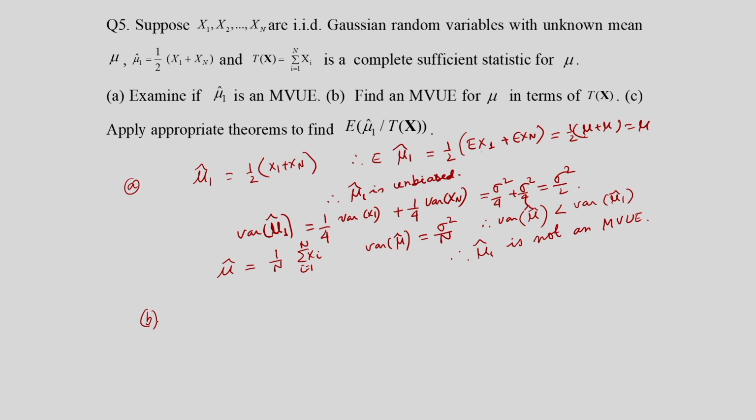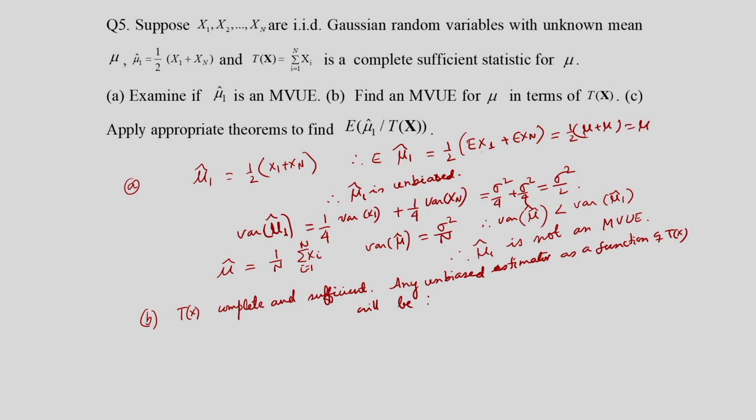Now, we will solve part B. Given Tx is complete and sufficient, therefore, any unbiased estimator that is a function of Tx will be MVUE.